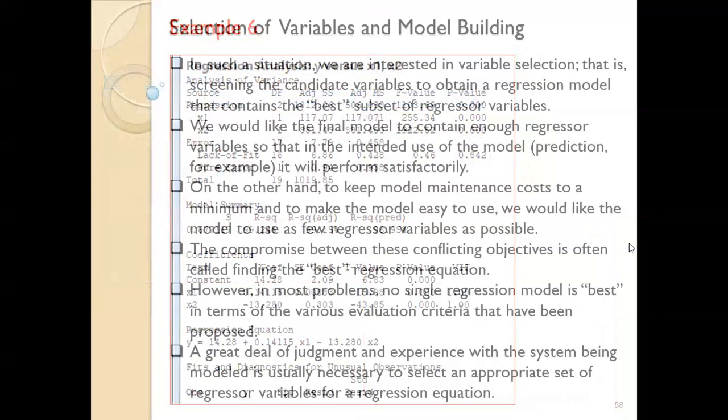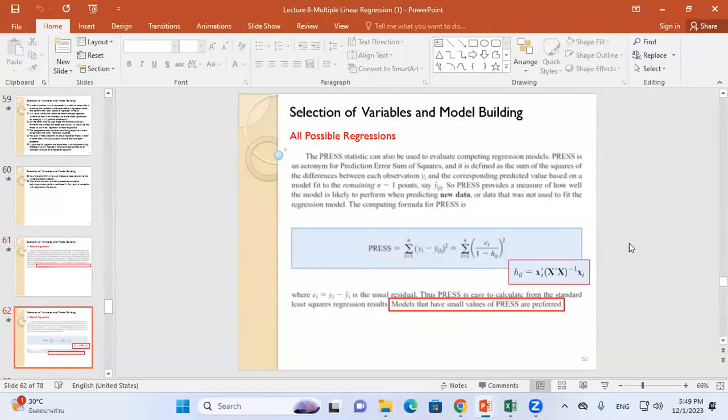I think this is the next topic. I will talk about the method to find the best model when you fit the equation by program, the technique the program uses to find the best equation.